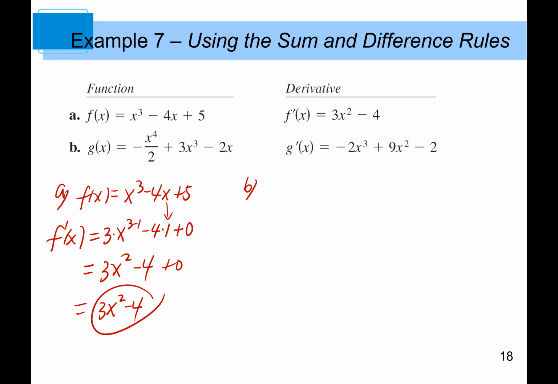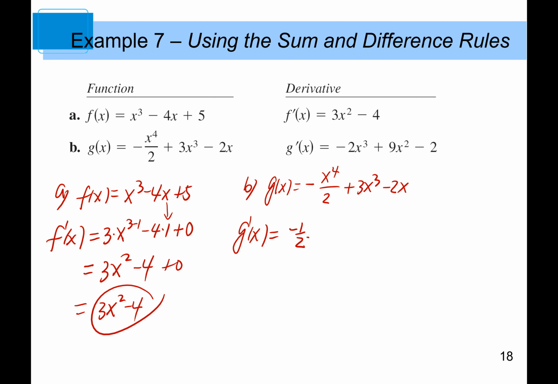B. G of x equals negative x to the 4th over 2 plus 3x cubed minus 2x. G prime of x, we separate into 3 different functions, find the derivatives, and combine them.